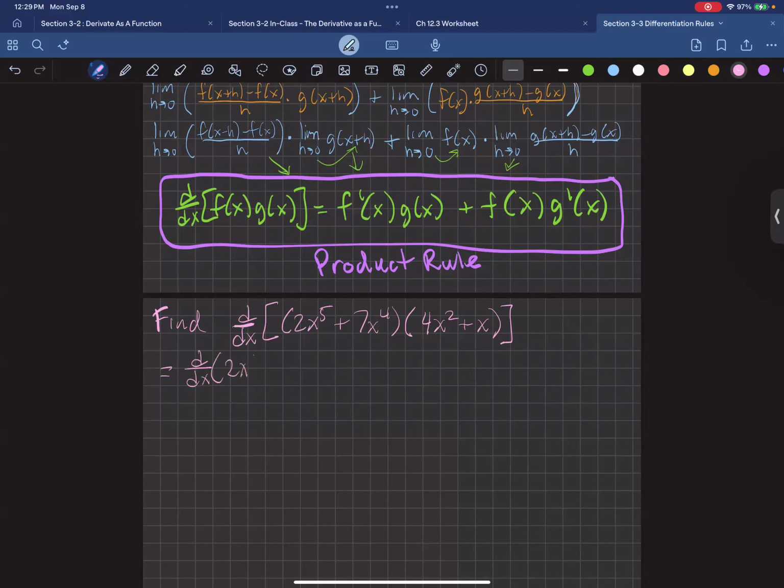I'm going to write it out without taking the derivative. And then that's multiplied by the other one. And then we leave the first one alone and multiply it by d/dx of 4x squared plus x.